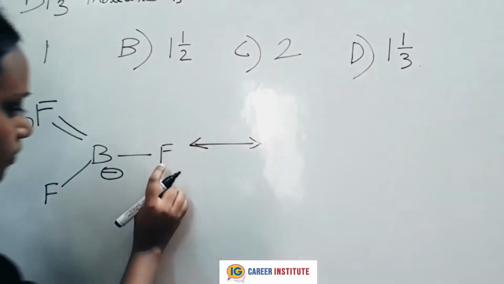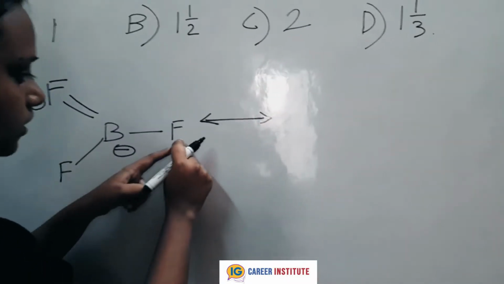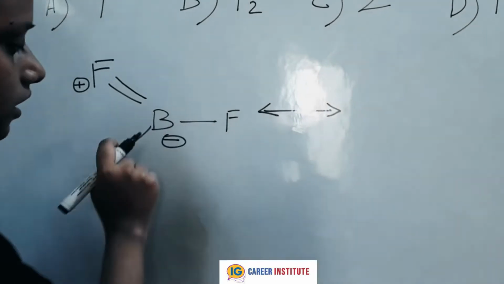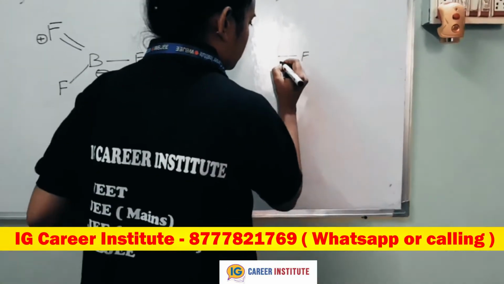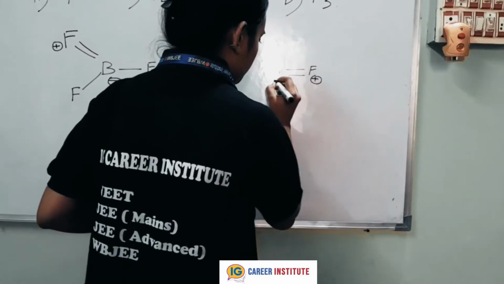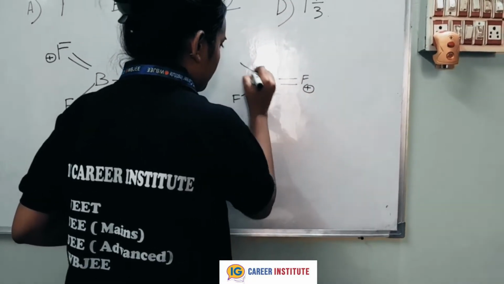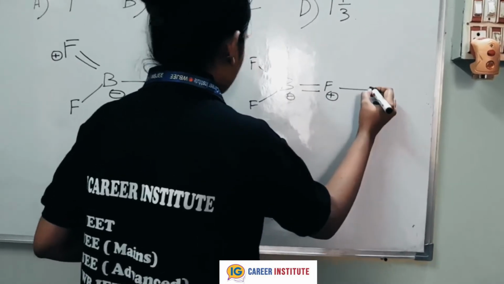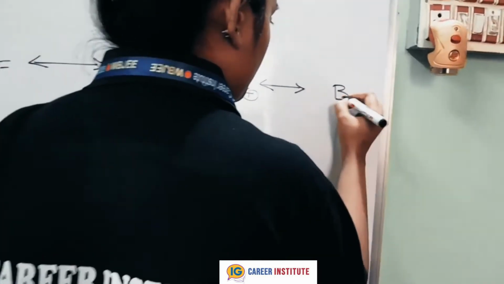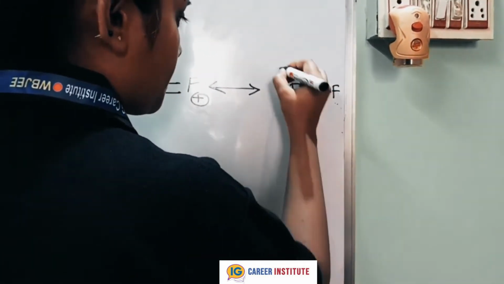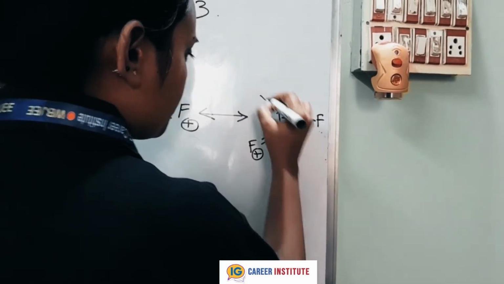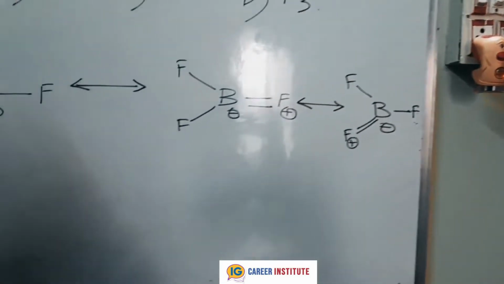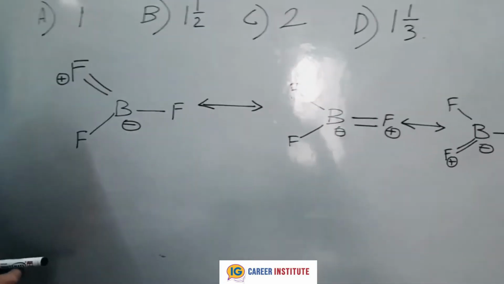Now, this fluorine may also donate its lone pair and undergo delocalization. So, overall, we will get 3 resonating structures. So these are the 3 resonating structures of BF3.